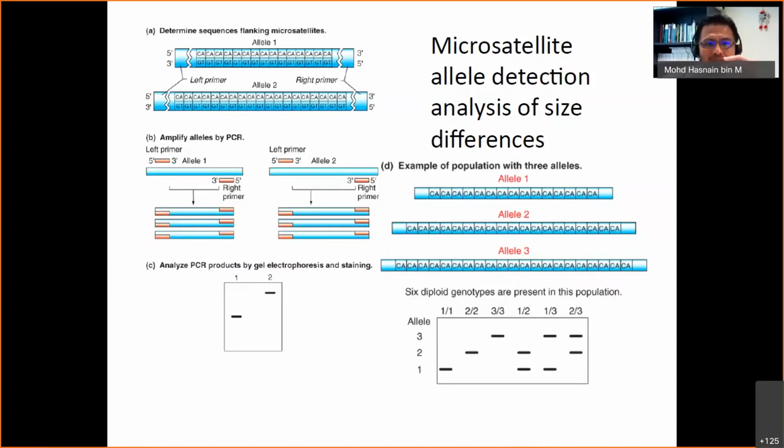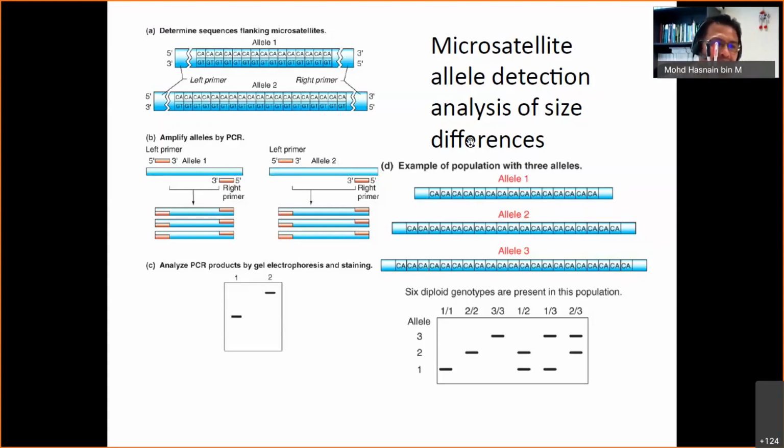Different individuals have different allele combinations. Some individuals have 1 and 2, 1 and 3, 2 and 3, or 1 and 1, 2 and 2, and 3 and 3 as well. Okay, different combinations. So microsatellite analysis will be able to tell whether you are homozygote or heterozygote. Homozygote means what? Whether you are having alleles of 1 and 1, which means that they are the same size, or you are 2 and 2, or you are 3 and 3.